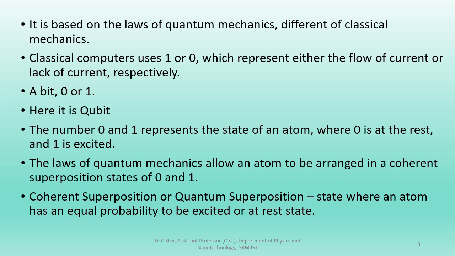Here, the values 0 and 1 correspond to atomic energy states, resting or excited. However, quantum mechanics allows atoms to exist in both states at once, which we call a coherent superposition, meaning the atom can simultaneously represent both 0 and 1 with equal probability.